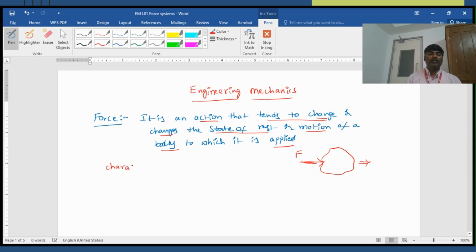Coming to the characteristics, what are the characteristics of a force? Okay, so what are these characteristics and how do they help us? The characteristics are nothing but the features of something so that you can identify. So there are three such basic fundamental characteristics for a force. One is magnitude.